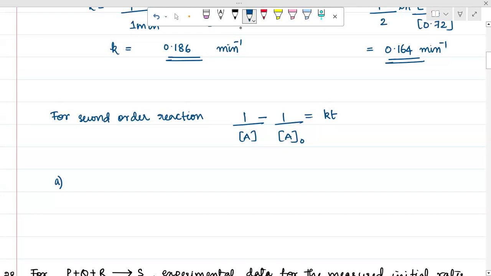Case A, at 1 minute. Final concentration is 0.83, minus initial concentration 1, is equal to K into time, which is 1 minute. Correct? So 1 by 0.83 minus 1. What I'm getting is equal to 0.204.